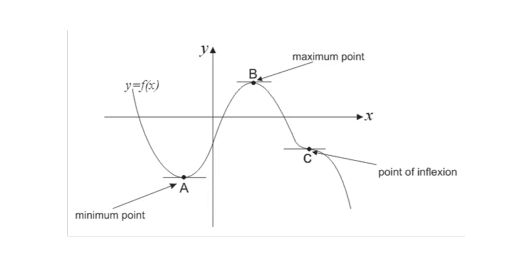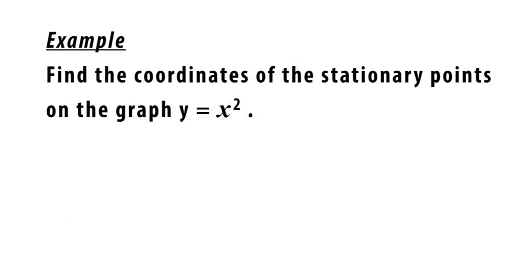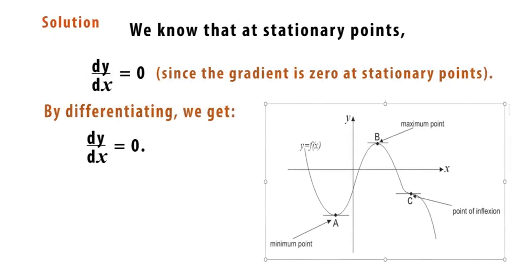Let's take an example. Find the coordinates of the stationary points on the graph y is equal to x squared. Solution. We know that at stationary points, dy/dx is equal to 0. We call the stationary point the point at which maybe a particle is at rest. Since the gradient is 0 at this point, we will differentiate and equate to 0.